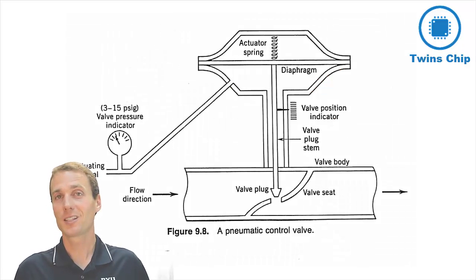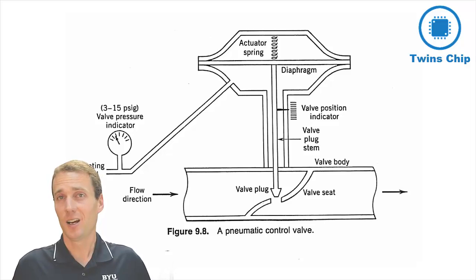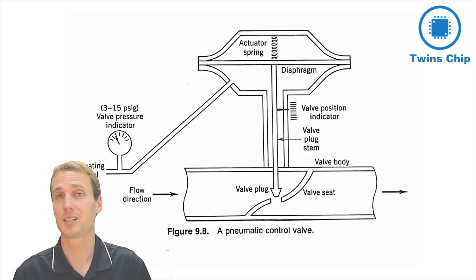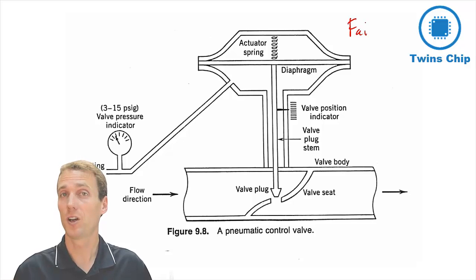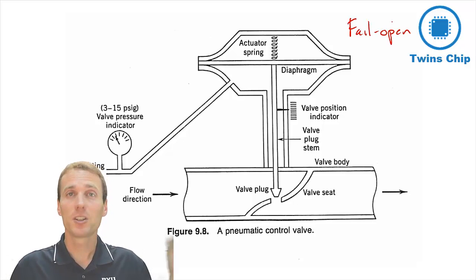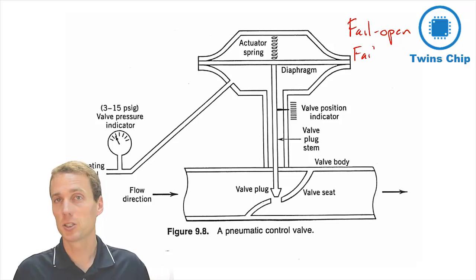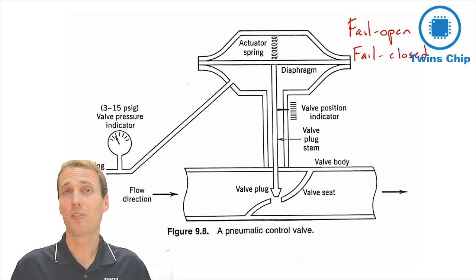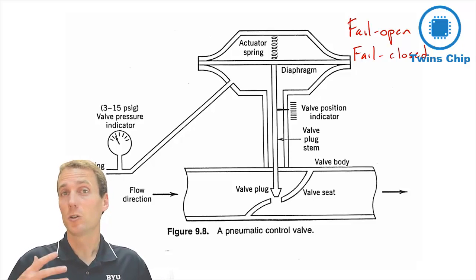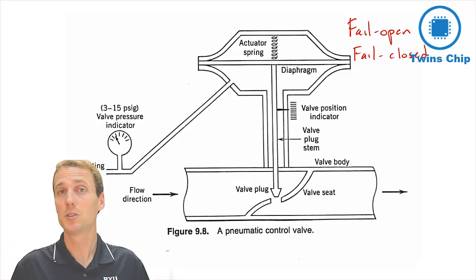Now, one of the things that we need to consider when designing a system is whether we want it to be fail open or fail closed. So if everything shuts down and all the pressure is lost that pneumatically actuates the valve, is this valve by default going to go to an open state or to a closed state?